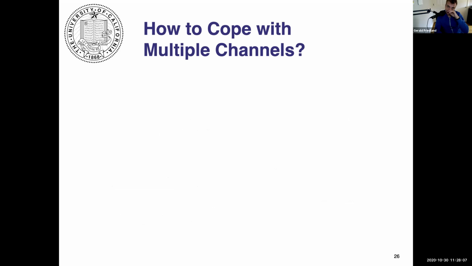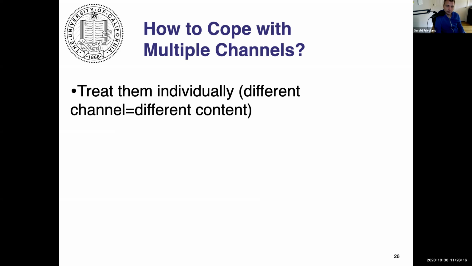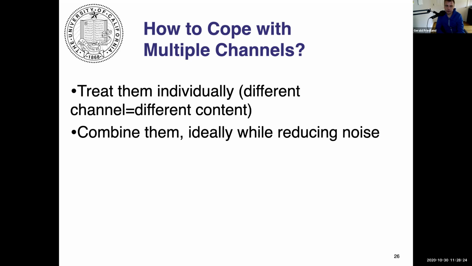So how do we cope with multiple channels if we have them in general? There's a couple of ways, but the first way is obviously to treat them differently. Different channel equals different content. Let's see what happens. Better, however, I think, is to combine them, because that can lead to reducing noise.